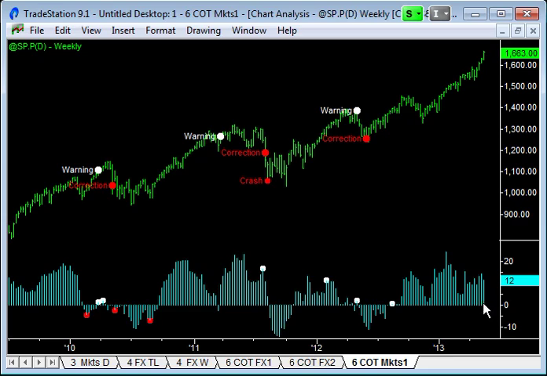Until we start playing around the zeros, that's when the crash warning signal goes off. So until I start seeing that, I've got to get my head around thinking there's no significant weakness happening. Little retracements and so on, sure, that's going to happen, but bigger downtrend moves are not going to happen until we see those readings playing around the zero line.